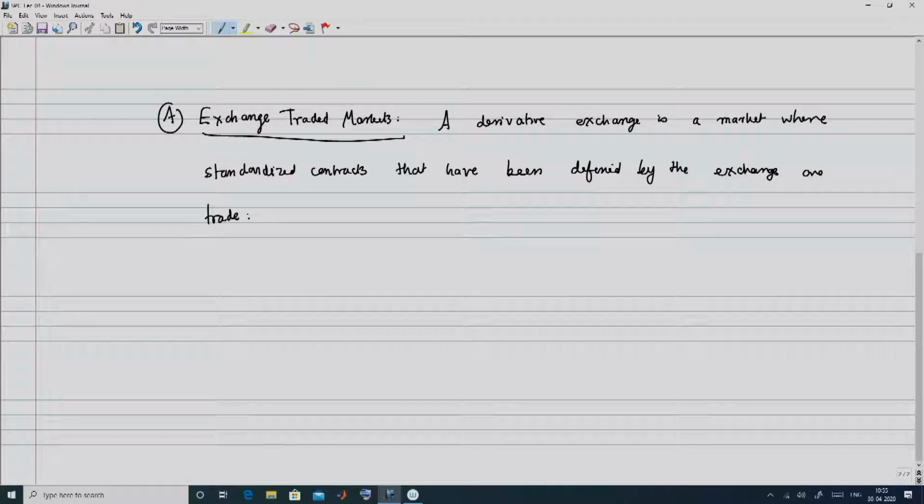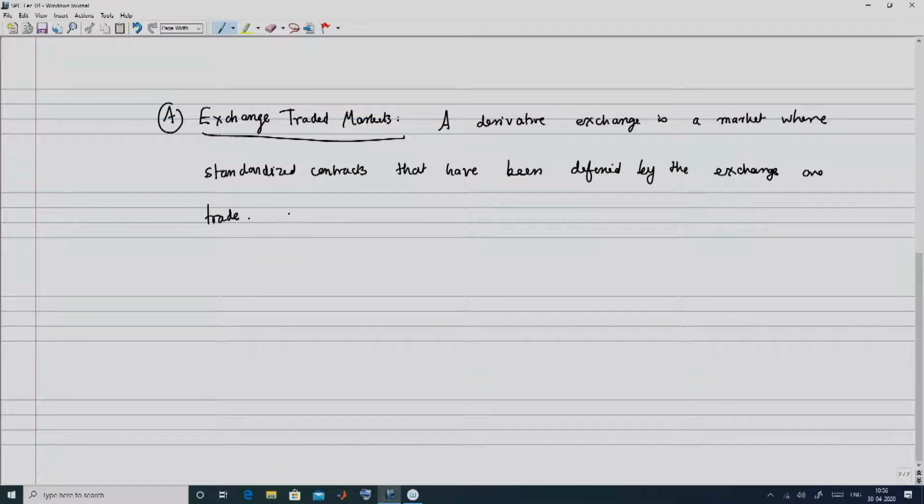So, basically in an exchange traded market, the terms and conditions of any derivative traded on such a market are specified by the exchange and are binding on both the parties who go ahead with this transaction of this derivative under the supervision of the exchange.